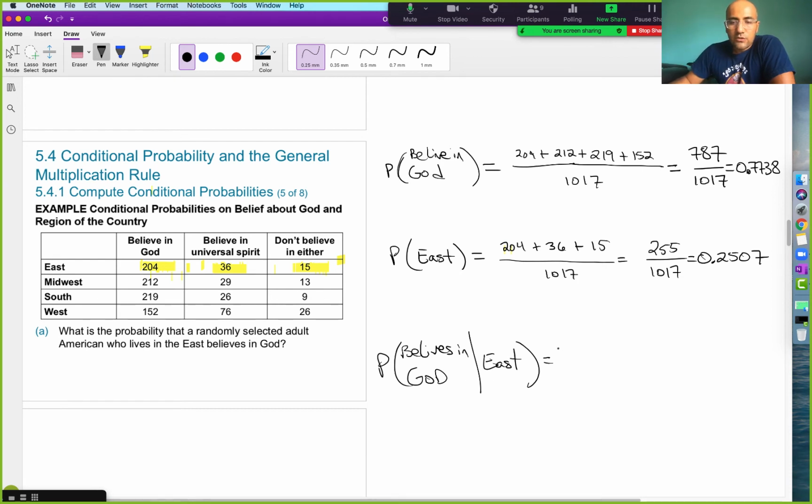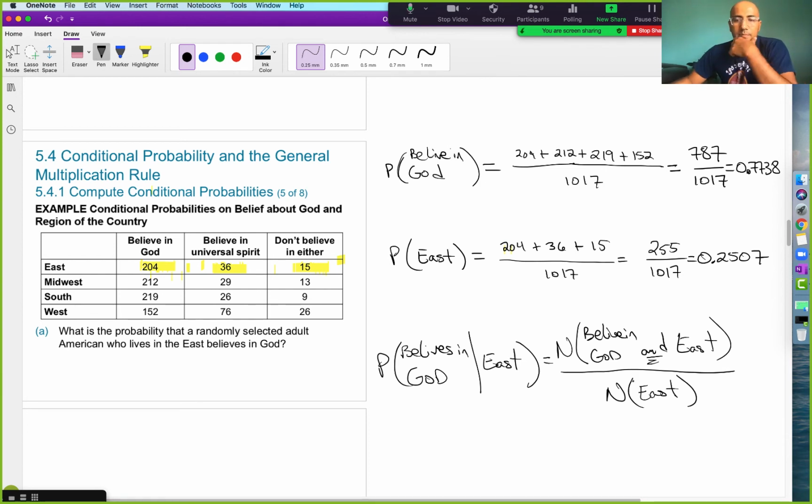One way to do this is the number of ways in which they believe in God and they live in the East, divided by the number of ways in which someone can live in the East. Right, that's one of our formulas.